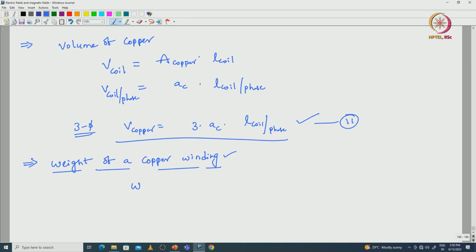Now the weight of the coil is equal to the density of the copper material into the volume of the total copper winding. This is equation number 12. Here volume will be in meter cube and density will be in kg per meter cube. Then we will get weight in terms of kg.